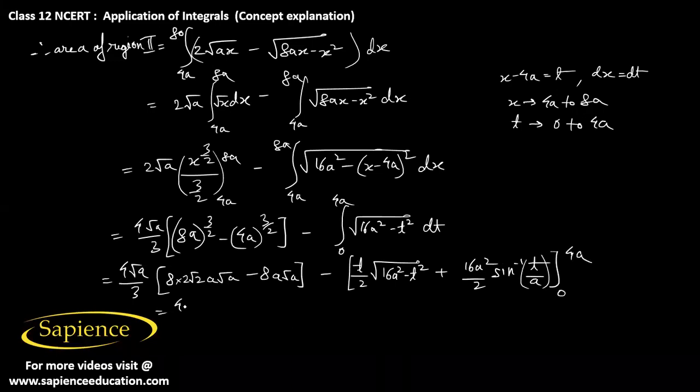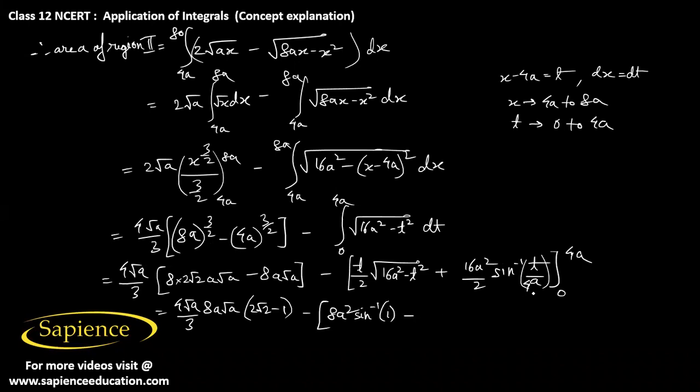So this will be equal to 4 root a by 3, and from here we can take 8 into a root a as common, so this will be 2 root 2 minus 1. Then minus, if you put 4a here, this will become 0 only, and this is 4a obviously. So this will become 8a² into sine inverse 1.